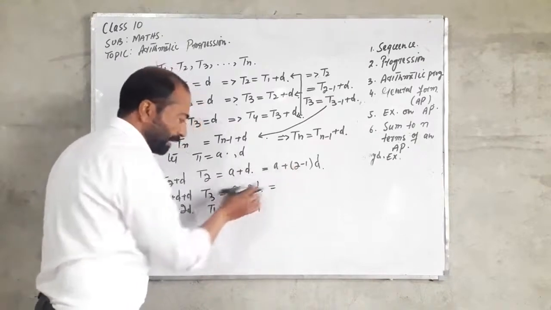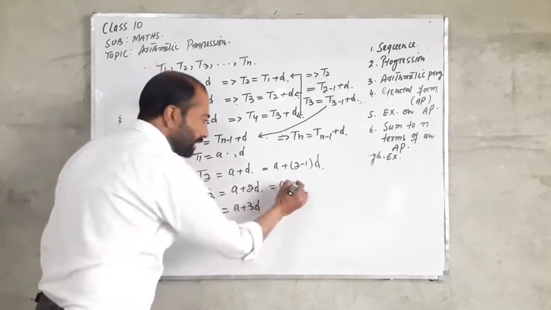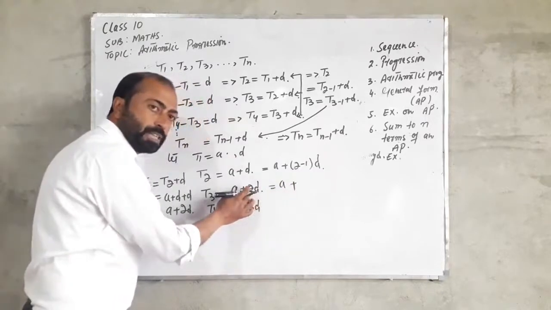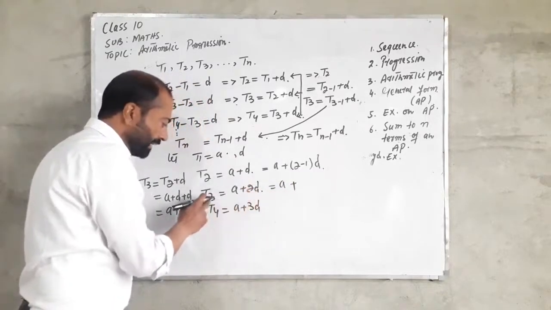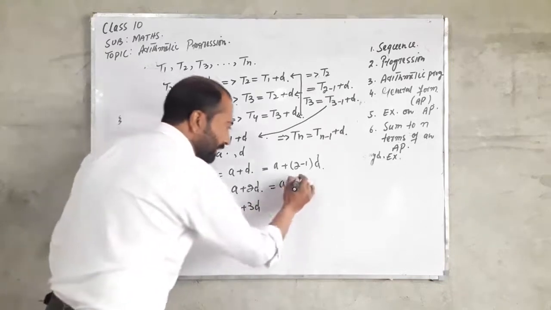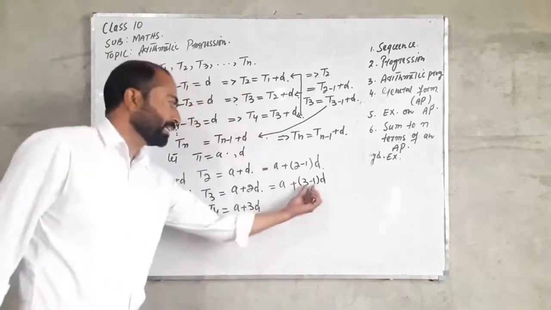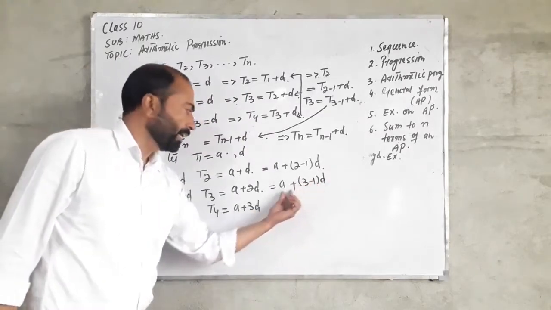Similarly, following this pattern, I have to write this 2D like the subscript of T minus 1, that is 3 minus 1 into D. Again you are getting 3 minus 1 is 2, A plus 2D.